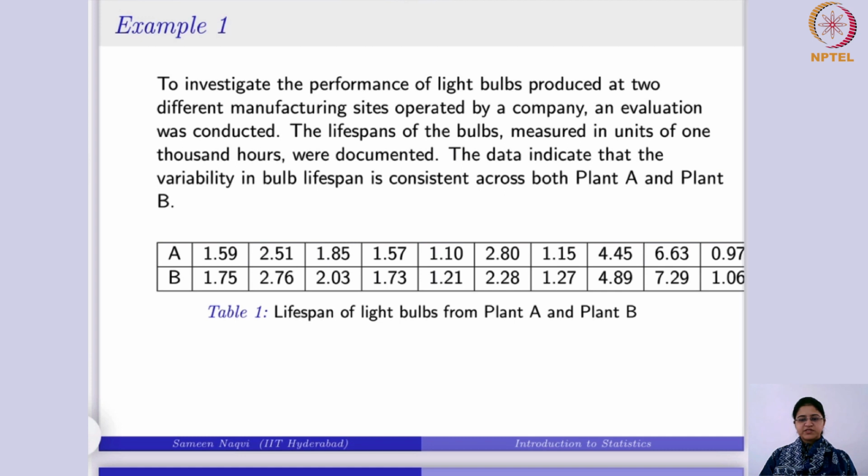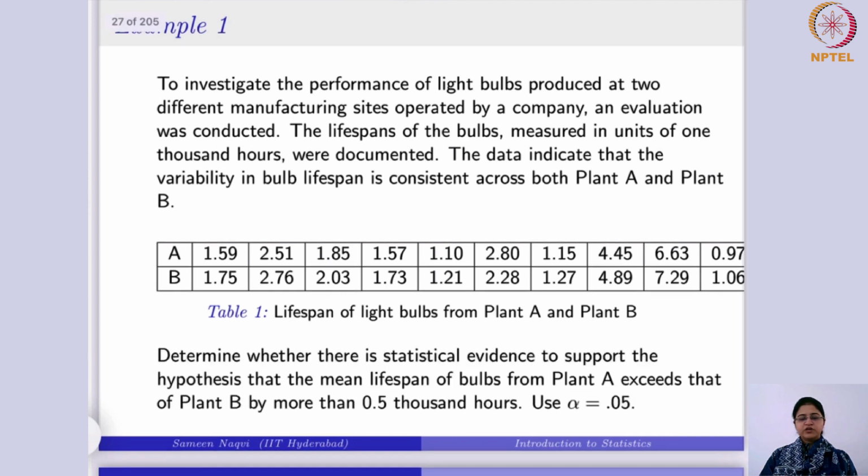You have to determine whether there is statistical evidence to support the hypothesis that the mean lifespan of bulbs from plant A, that is mu1, exceeds plant B by more than 0.5000 hours. And you have to use the level of significance at 0.05.